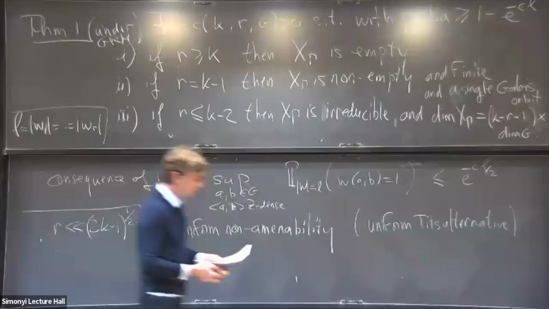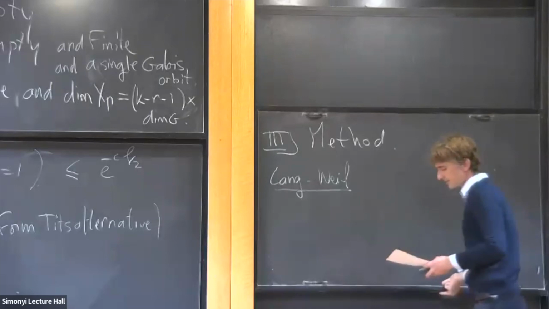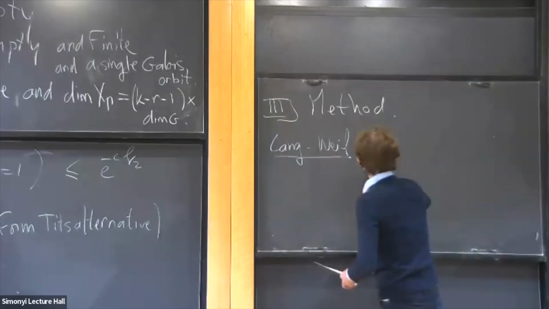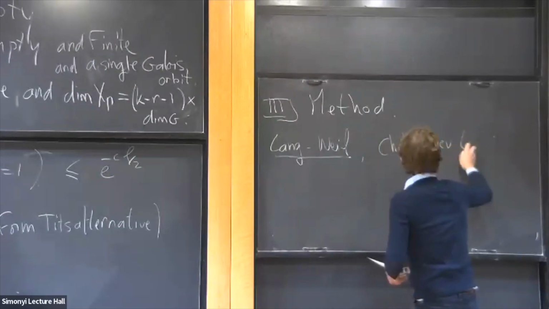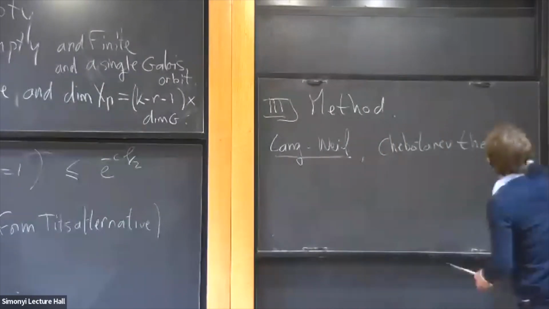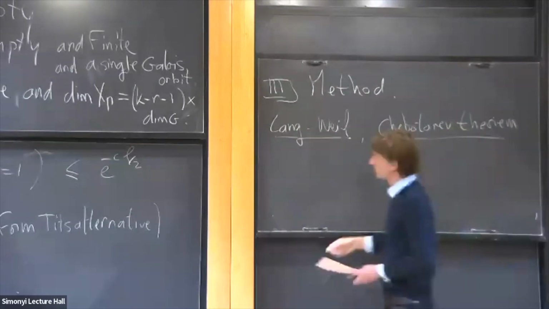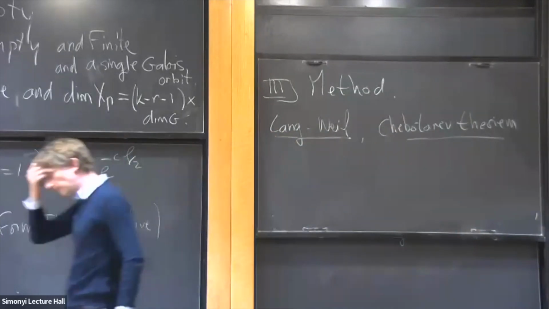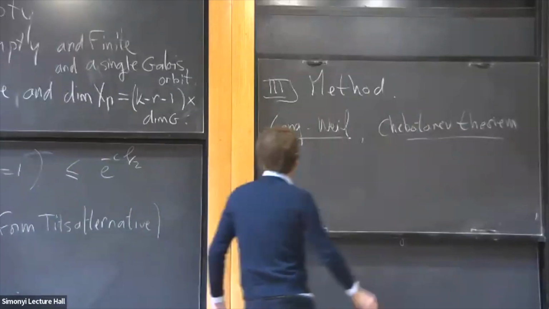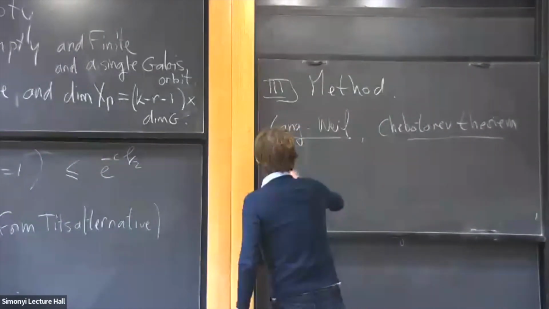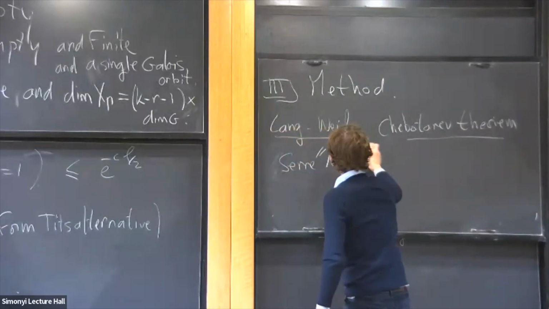Okay, so the method. We call them the Lang-Weil estimates, but in relation to this, there is also the Chebotarev theorem, and this is the key behind the method. The Chebotarev density theorem can be formulated also for varieties, and there is a beautiful book by Serre that explains it all.